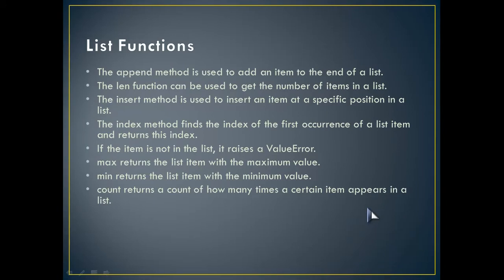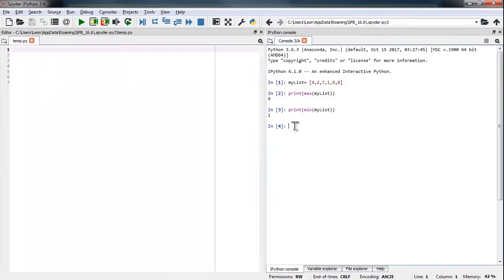Count returns a count of how many times a certain item appears in a list. For example, let me just make a list2 with recurring elements, and I could say 5, 4, 3, 5, 7, 5, 7.